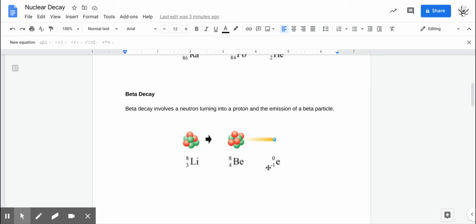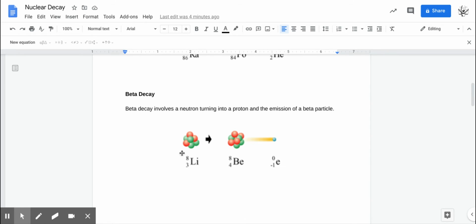And an electron has a charge of -1. So the -1 takes the place of what would normally be the atomic number of an element. And then the lowercase e stands for electron. But again, even with beta decay, the daughter atom is an entirely different element than the parent from which it came.